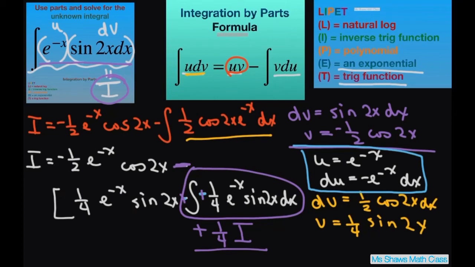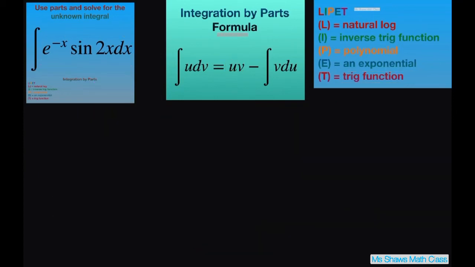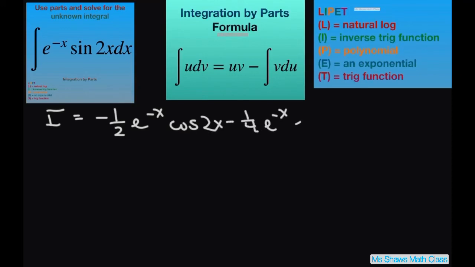We're going to get I equals negative 1/2 e to the negative x cosine of 2x minus 1/4 e to the negative x sine of 2x minus 1/4 I. Again, the I part just saves me from having to write this down all the time.